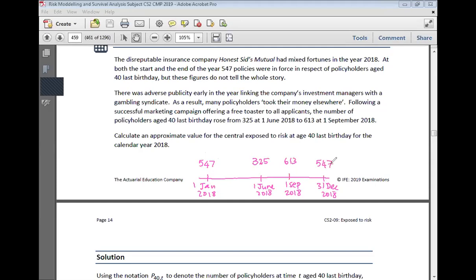Each of this information corresponds to the 40 last birthday, so we don't have to check whether we are looking at people aged 40 or not, because all the information is about people aged 40 last birthday.